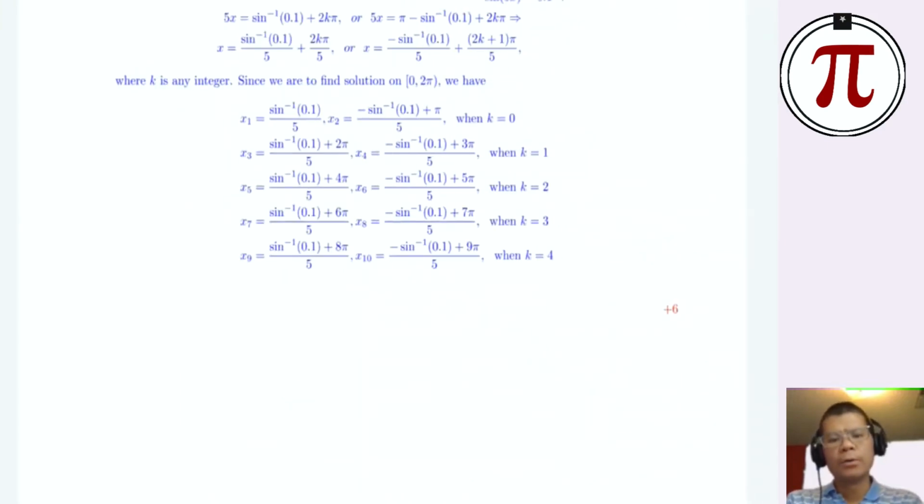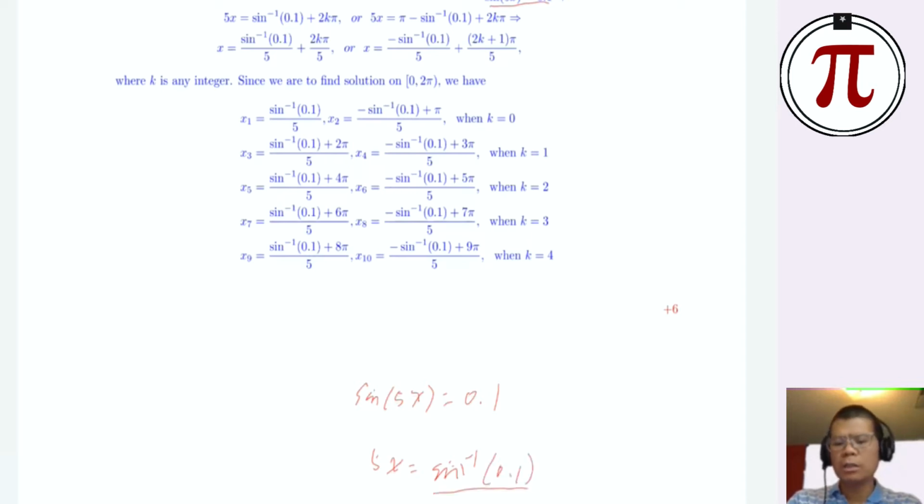Therefore, negative sine 5x equals negative 0.1, and sine 5x is 0.1, right? So for sine of 5x equals 0.1, 5x is going to be sine inverse 0.1.